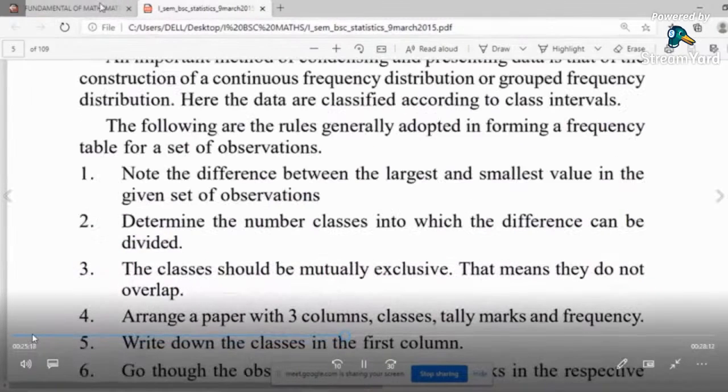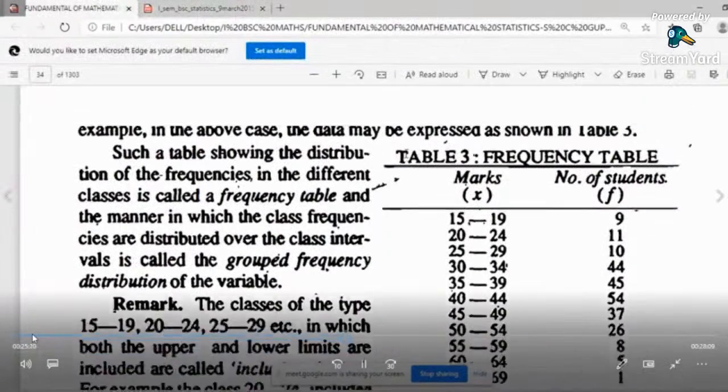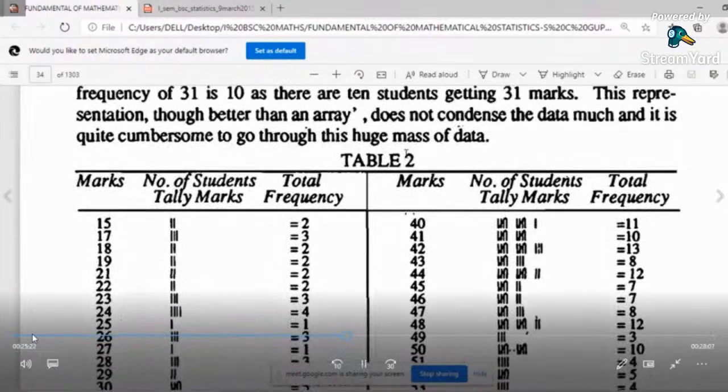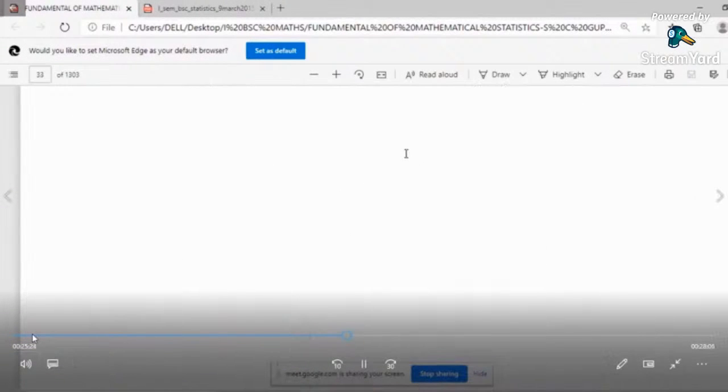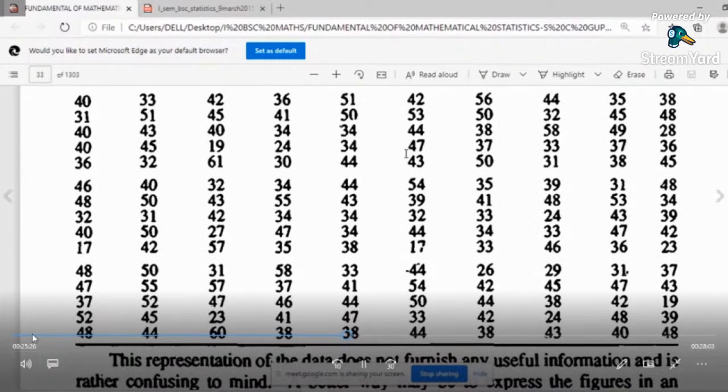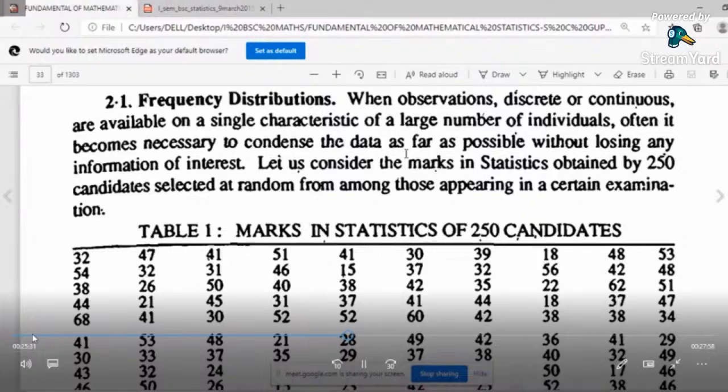Here, in this fundamental book you have an example where we have 250 data. Altogether we have 250 data. The question itself says that it has 250 data.